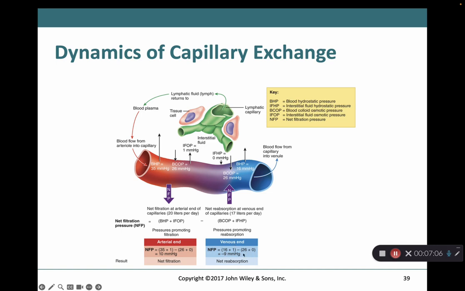Okay, so 17 minus 26, we get about negative 9 millimeters mercury is the net reabsorption at the venous end. Okay, and then blood flows from the capillary into the venule, okay, because of this pressure.